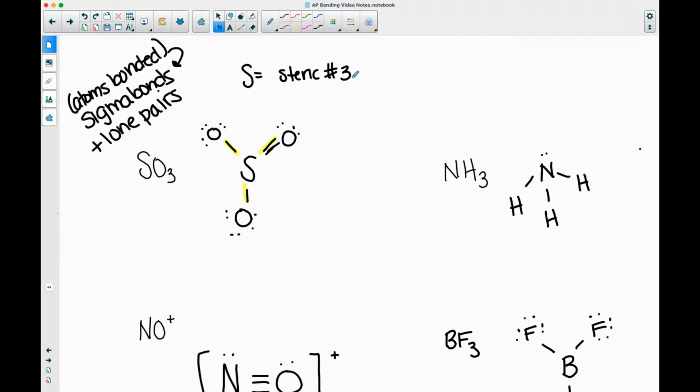Remember that this is a trigonal planar, 120-degree bond angle. It is a symmetrical nonpolar molecule. And remember, when we do hybridization, we start with S. We add up to 3 p's, because there are 3 p orbitals that can be part of this, until we get to the steric number.